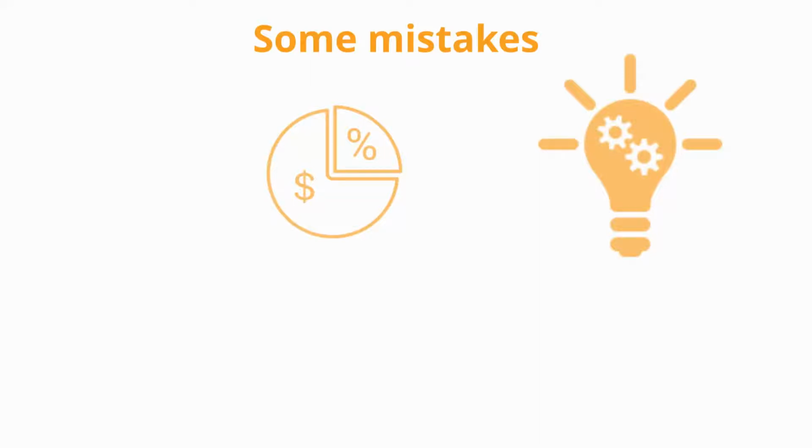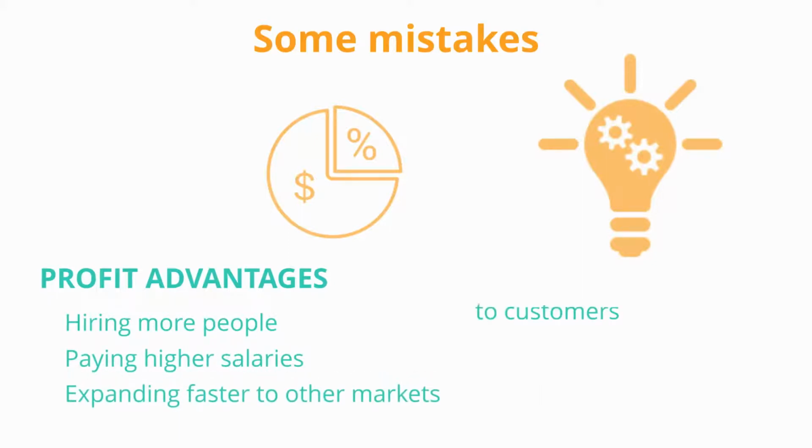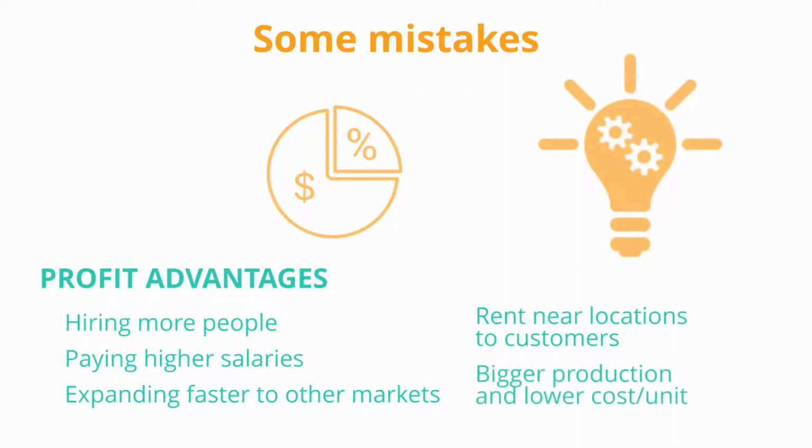The profit margins should be high enough to have better options than the competition, like hiring more people, paying them better, expanding faster in other markets, renting locations near to clients, and growing the production to take advantage of economies of scale and to lower the cost per unit.